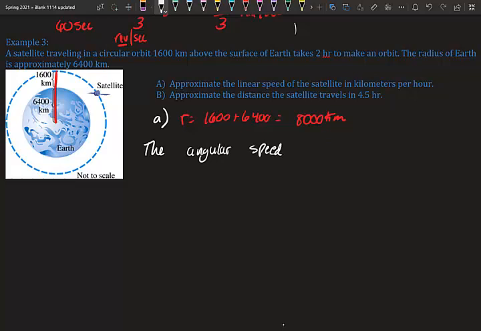We have the angular speed. We might not know it, but we actually do have the angular speed. So it says the satellite is traveling 1,600 kilometers above the Earth's surface, and it takes 2 hours to make an orbit. So the angular speed is 1 orbit per 2 hours, and it can be converted to radians.